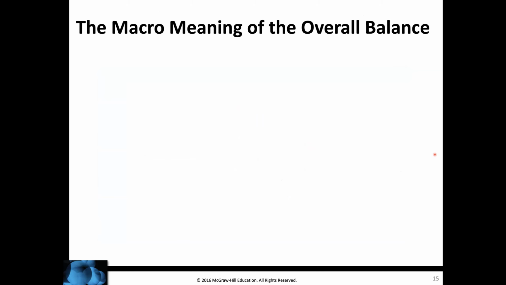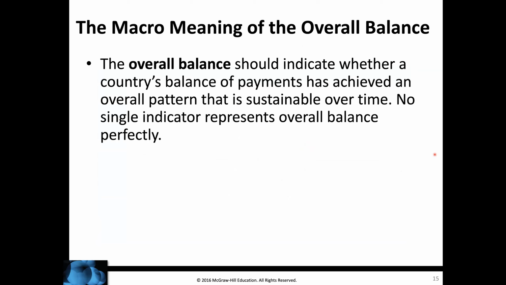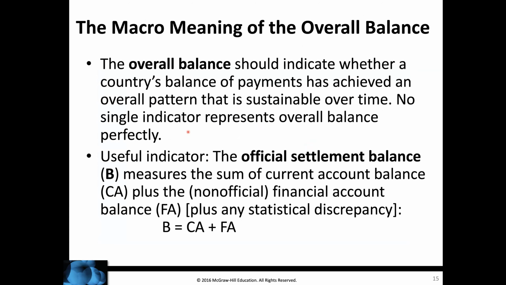So the macro meaning of the overall balance. Overall balance should indicate whether a country's balance of payments has achieved an overall pattern that is sustainable over time. No single indicator represents overall balance perfectly. A useful indicator, the official settlement balance, B, measures the sum of the current account balance, CA, plus the non-official financial account balance, FA, plus any statistical discrepancy.